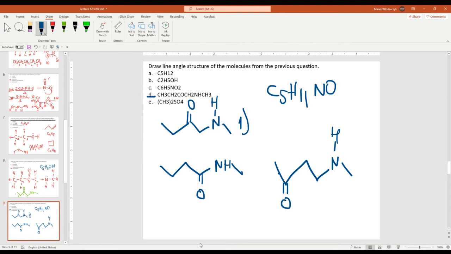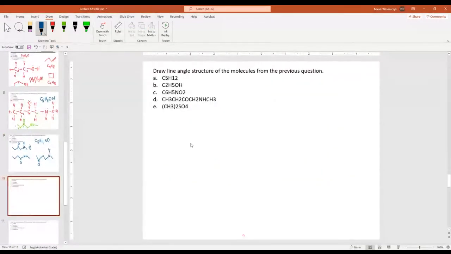I think the remaining problem that we have is E here. It doesn't matter if you draw it up or down. So how can you predict that the isomers are possible?